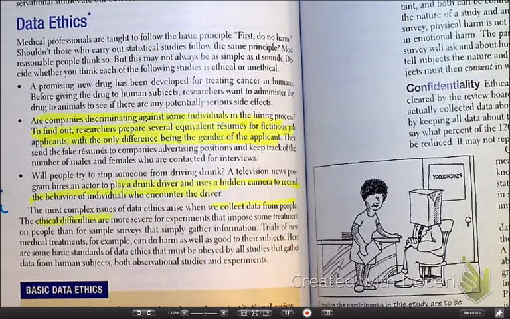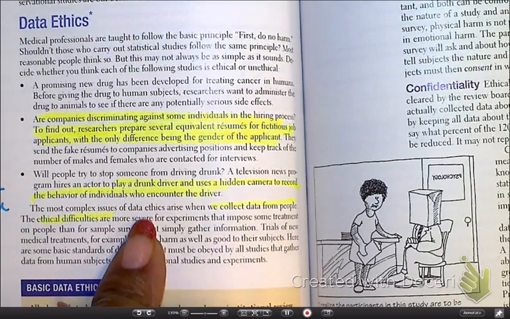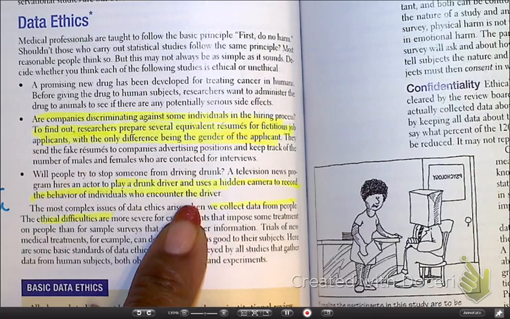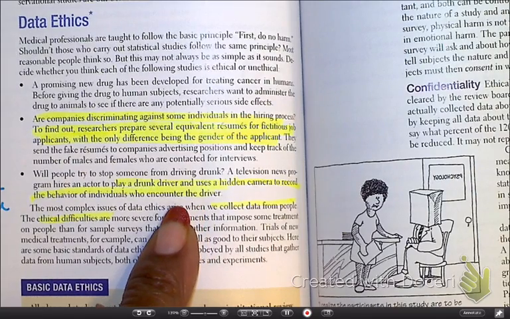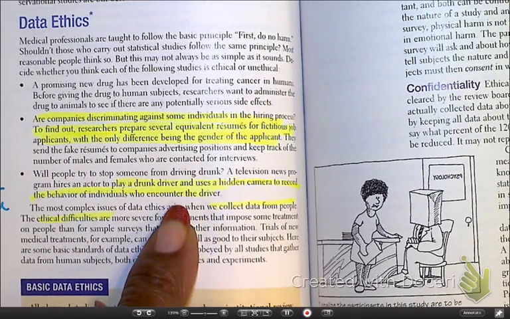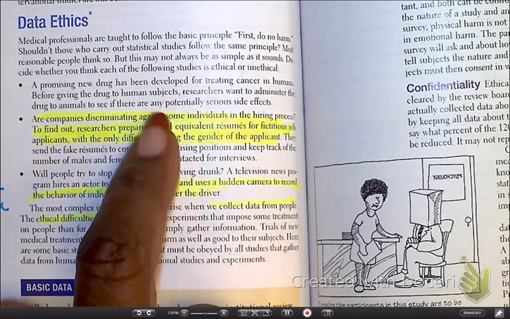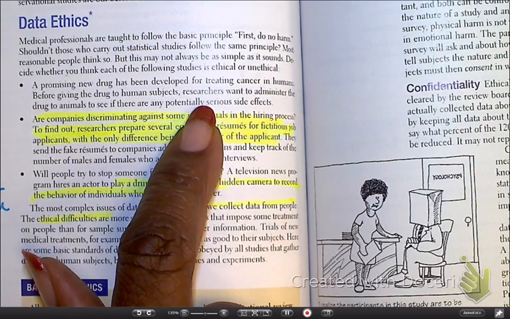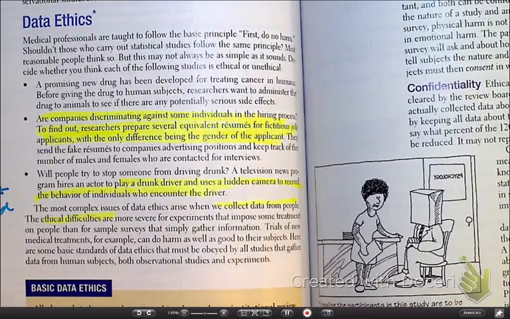Okay, you can see how that's unethical. Here, you're looking at the idea of the hidden driver. Okay, that's unethical. Promising for somebody to get a treatment, but giving them a sugar pill. I mentioned that idea to you.